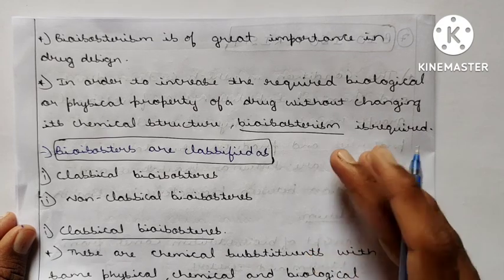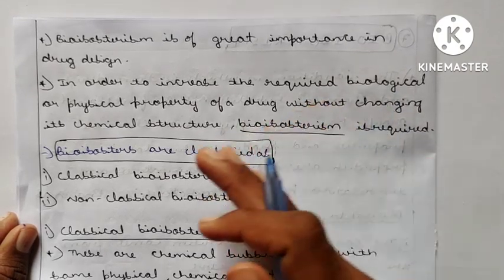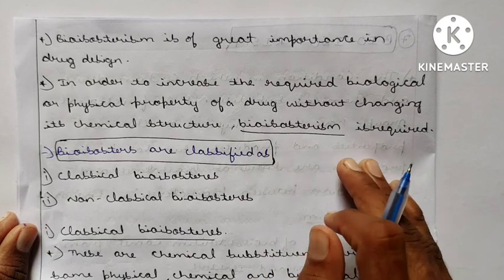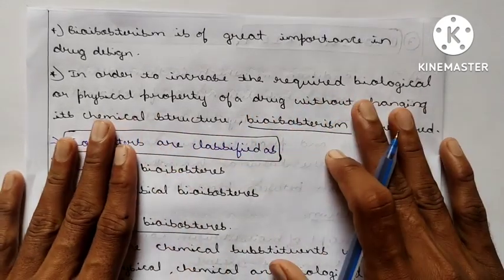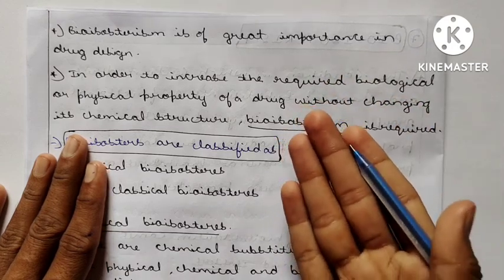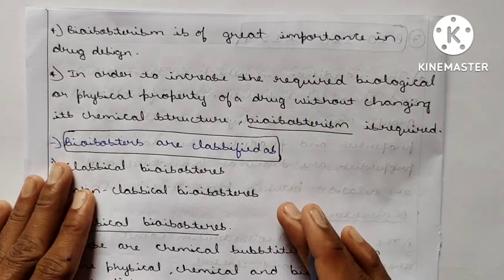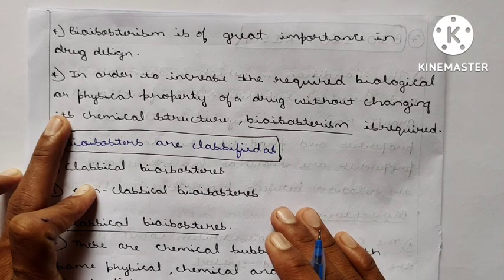In order to increase the required biological or physical property of the drug without changing its chemical structure, bioisosterism is required. Means without any change in the chemical structure, we are increasing the particular action of that drug with the help of bioisosterism. It is very important.